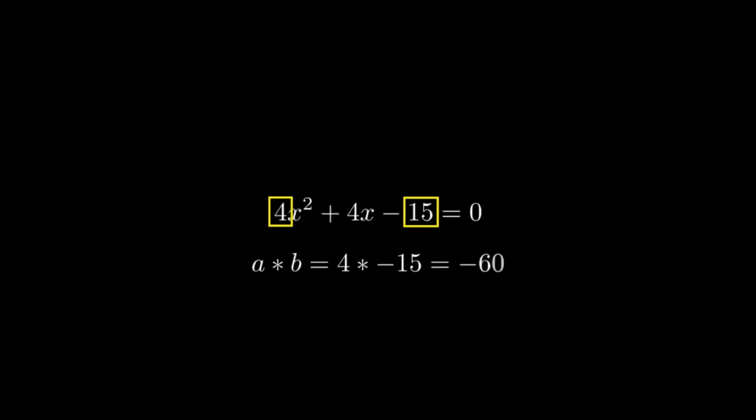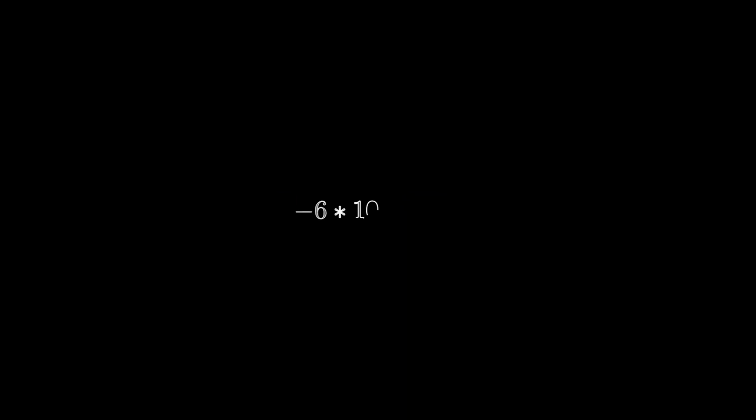And these two numbers also have to add up to 4, which is the middle coefficient. We have negative 6 and 10. Negative 6 times 10 is negative 60, and they both add up to 4.